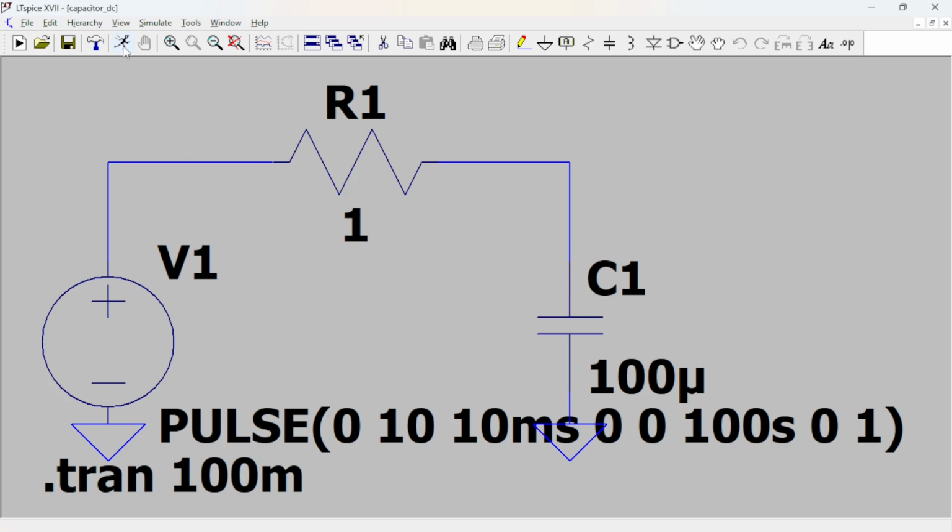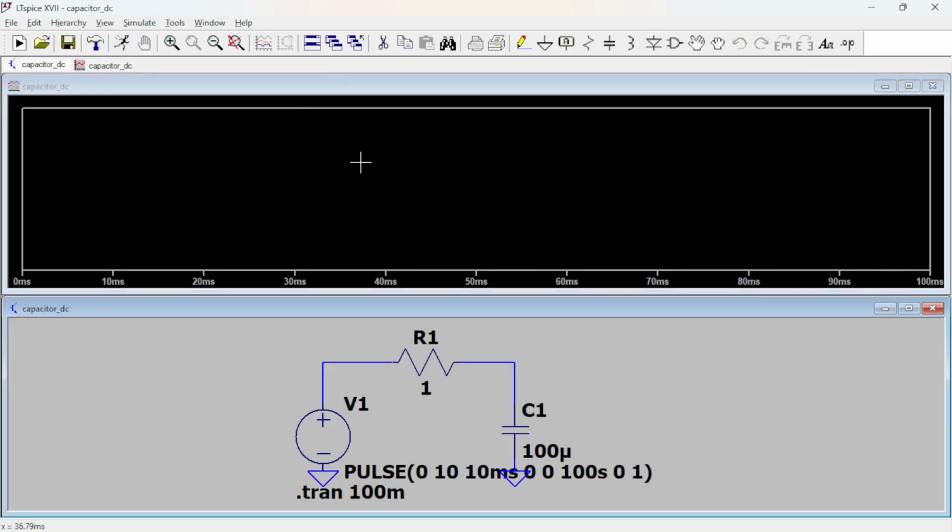So let's run this thing. Okay, so let's look at the voltage of the pulse. As I said, it's 0, and after 10 milliseconds it goes to 10 volts and stays there. Now what is the voltage at the positive plate of the capacitor? Right there.